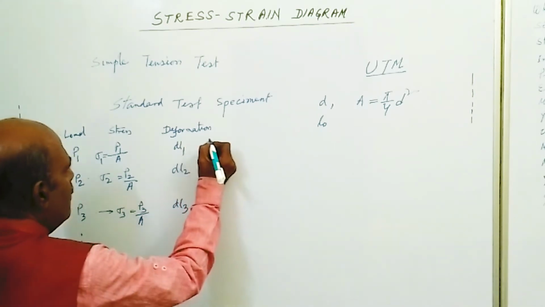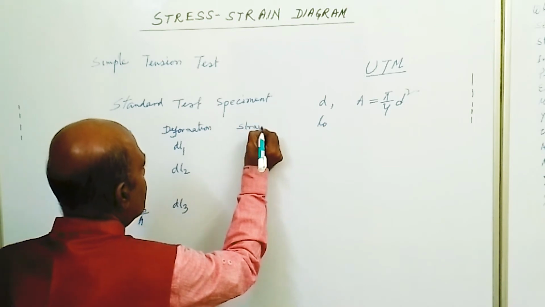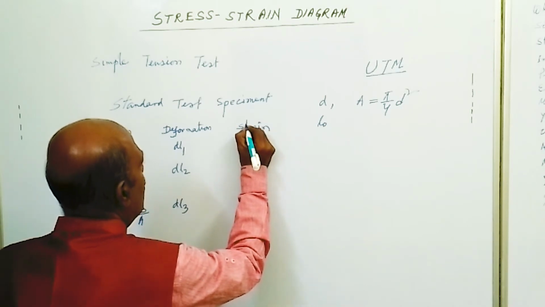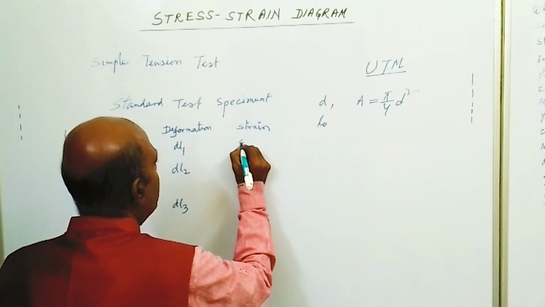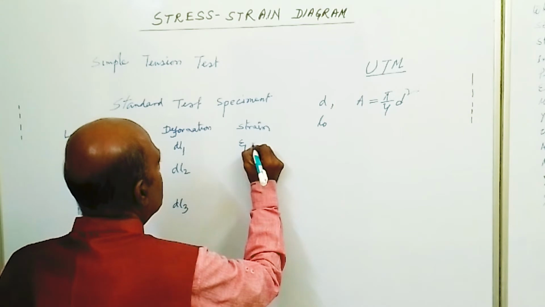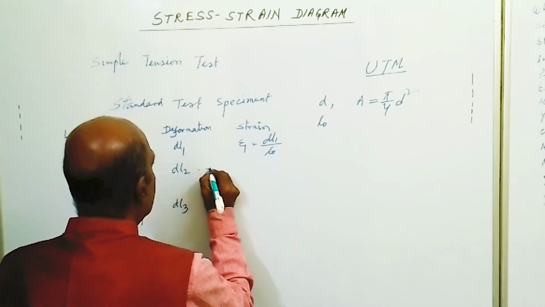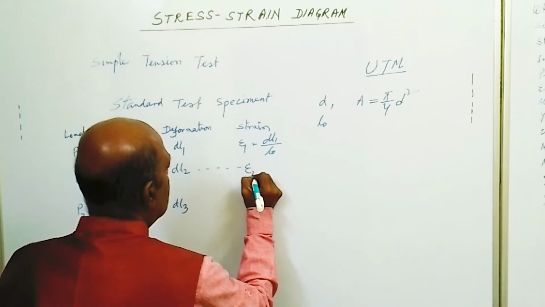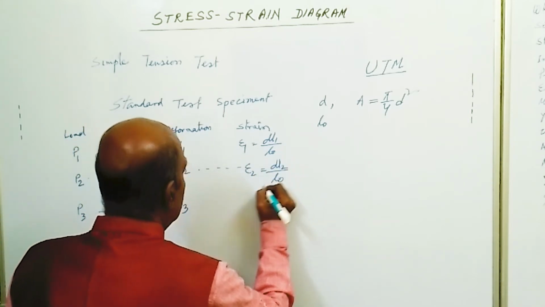Now similarly we can calculate the strain developed at various loading points. At this point the strain epsilon 1 is given by dl1 by L0. At this point epsilon 2 is given by dl2 by L0.